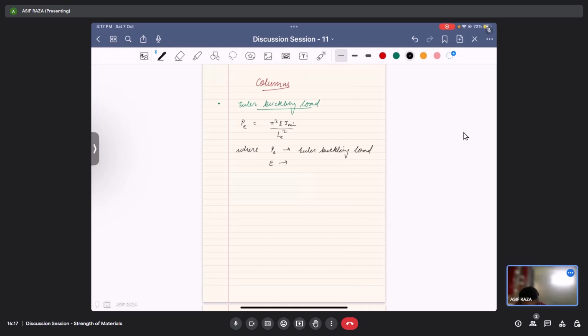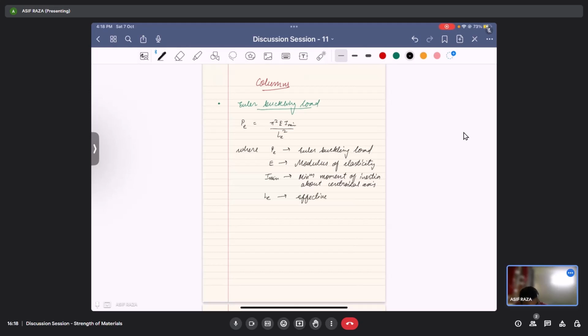E is the modulus of elasticity, I minimum is the minimum moment of inertia about the centroidal axis, LE is the effective length.